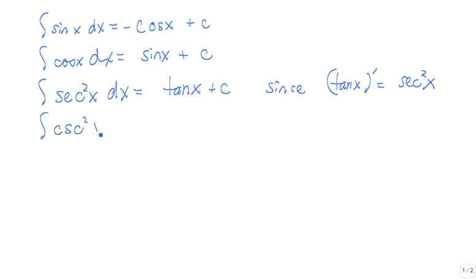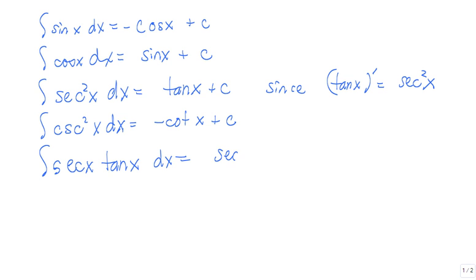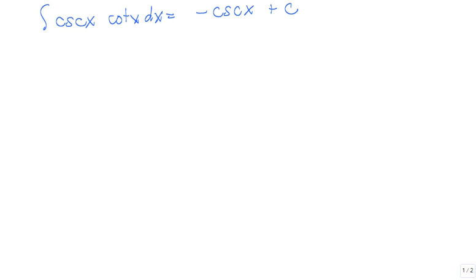And so with the other trig functions, since the derivative of secant is secant tangent, the antiderivative of secant tangent is secant, and cosecant cotangent is minus cosecant. Okay, so those are just some properties that you need to know.